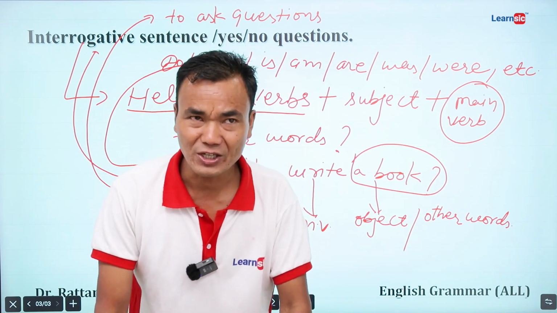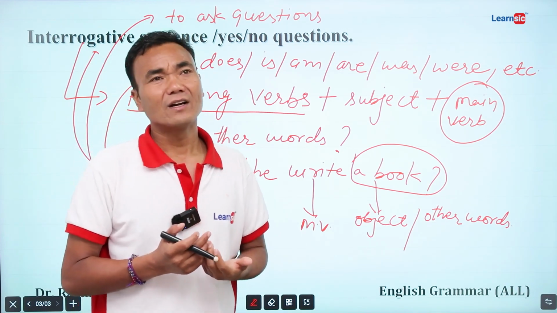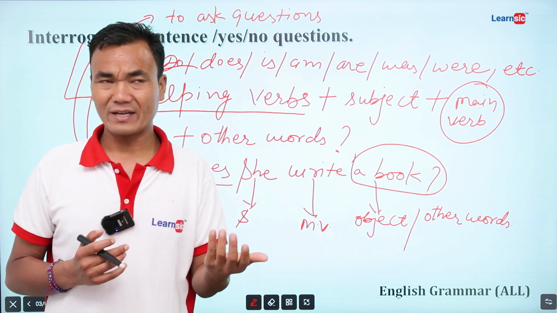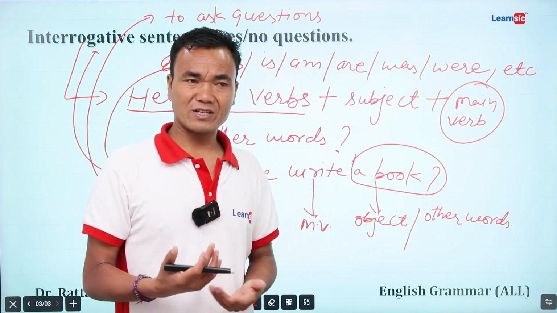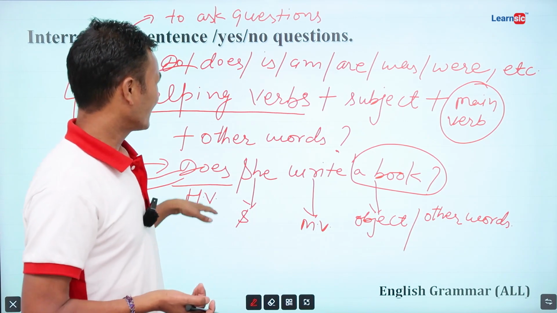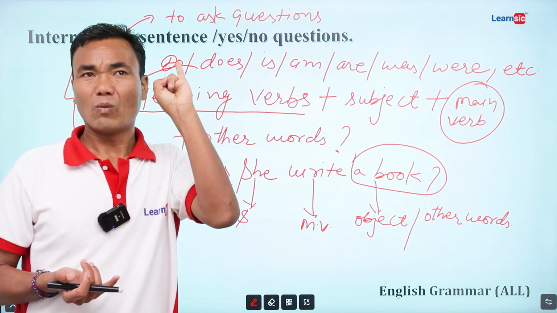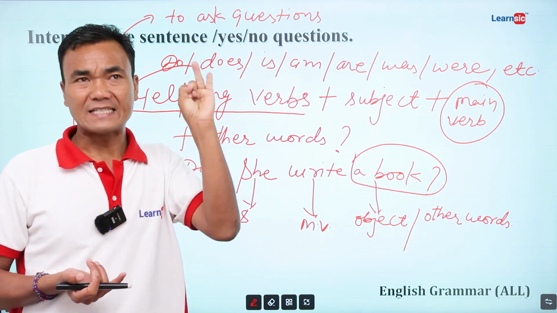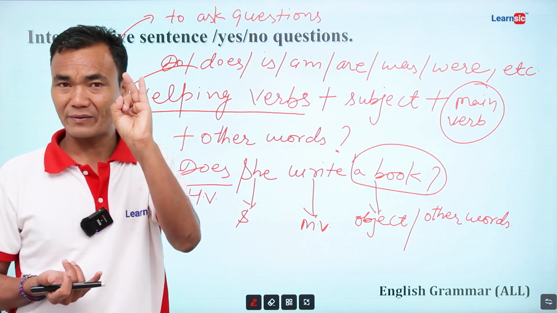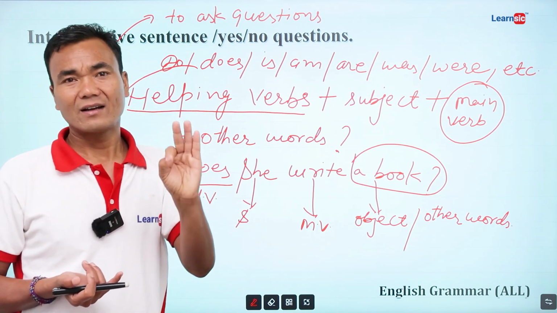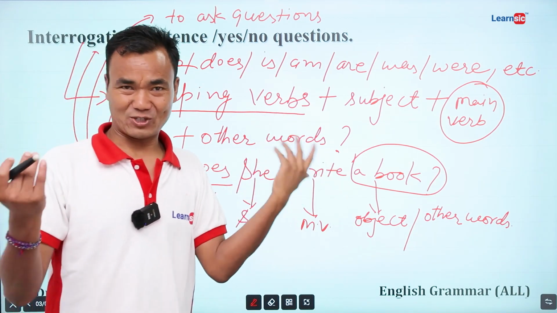What is the function of an interrogative sentence? To ask questions, to inquire. And what is the structure? So three things, systematically: one, the type of sentence; second, to ask questions is the function; third, the structure; fourth, example and your self-study.